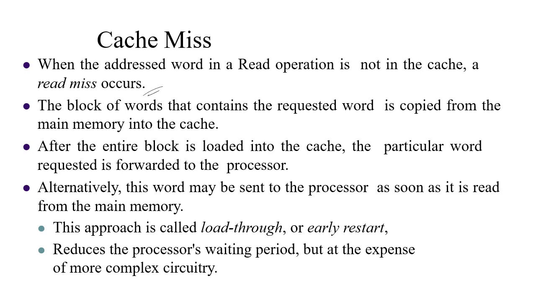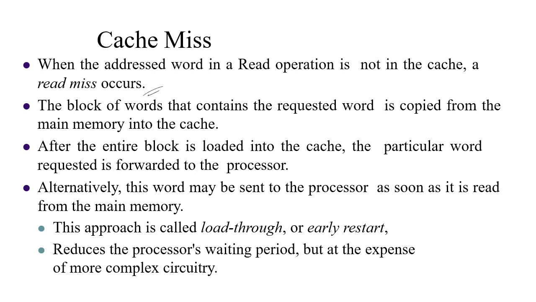When the processor initiates the read operation, the circuitry that determines whether the block is present in the cache will generate a read miss signal. That means if the data is not present in the cache, there is a read miss. So what has to be done when the read miss occurs?